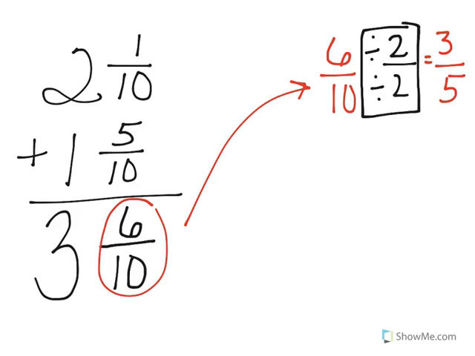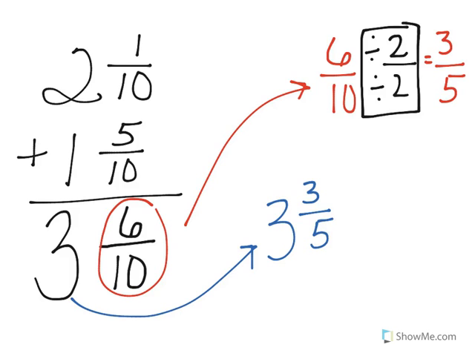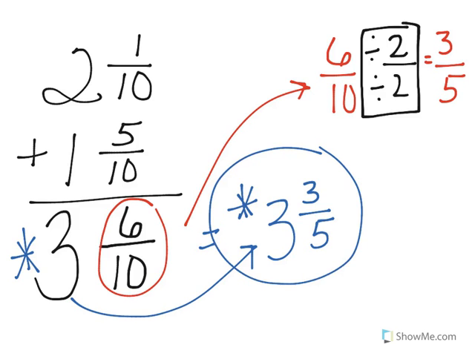So I'm going to write my 3, which just stayed the same. I didn't have to do any changing to that. And now my 3/5. So 3 and 6/10 is equal to 3 and 3/5. This answer that I had is correct, but you do want to go through and reduce your fraction to lowest terms. So both of these answers are correct, but this one is the best because it's been reduced to lowest terms.